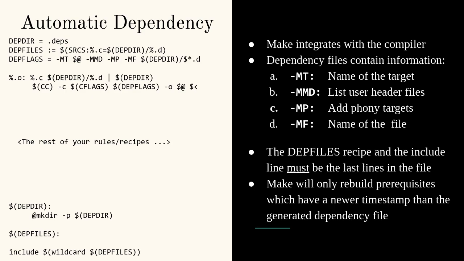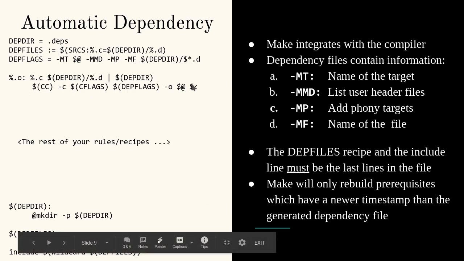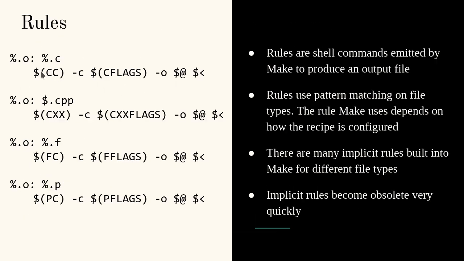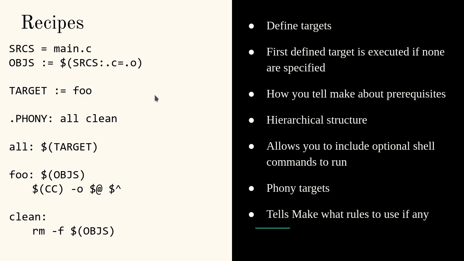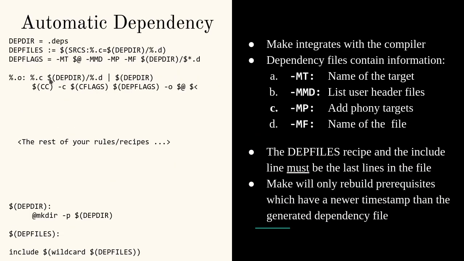So what you would have is all the defines at the top. You would have the rule defined, and this looks quite similar to the implicit rule. If we go back here, you can see this implicit rule.